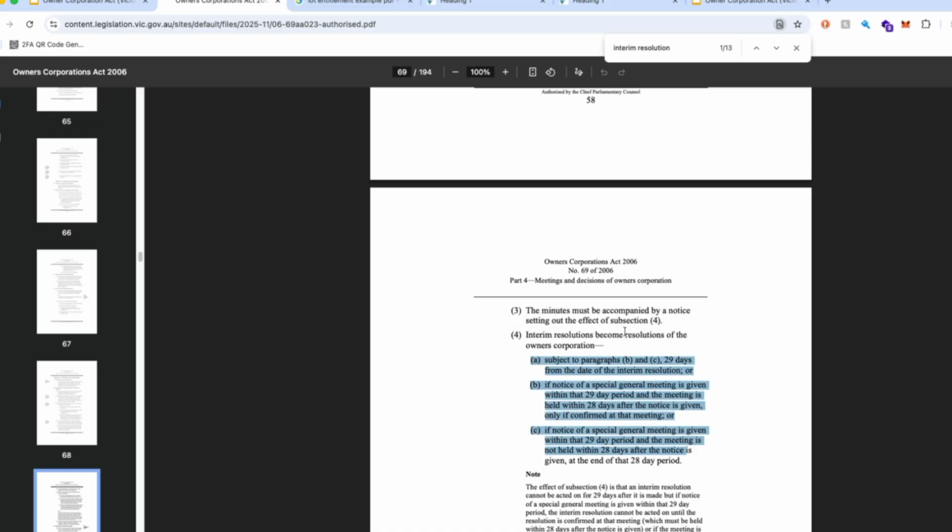Even with the quorum there to protect the owners, to protect the OC, does that mean the OC is 100% free from an item which most owners don't agree to, and which wouldn't otherwise pass?